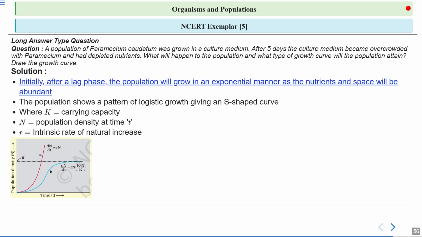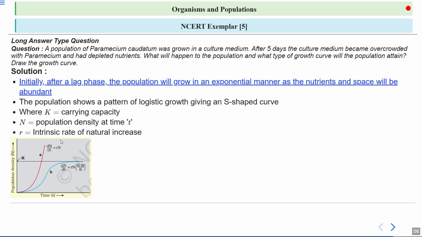So, this graph represents clearly the growth curve. You can see this B. This is B, showing you the logistic growth curve. This is an S-shaped curve, a sigmoidal curve. This is logistic growth when the resources are limited. So here you will have a lag phase, then exponential phase, and then in the end you will get an asymptote, meaning the population will stabilize.